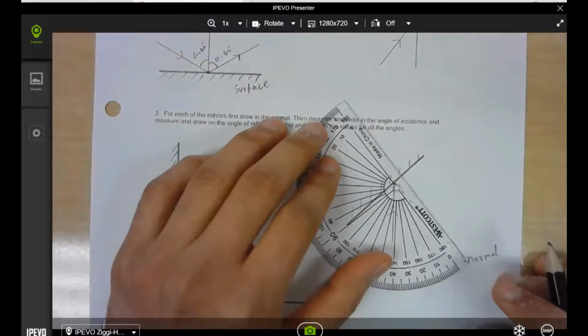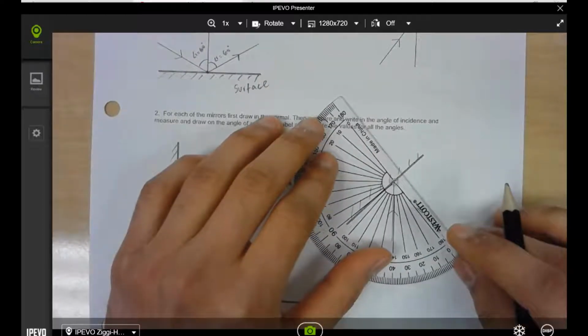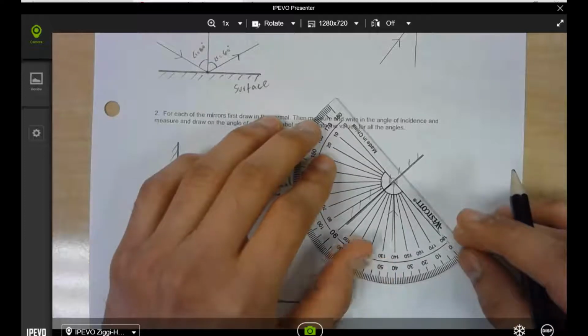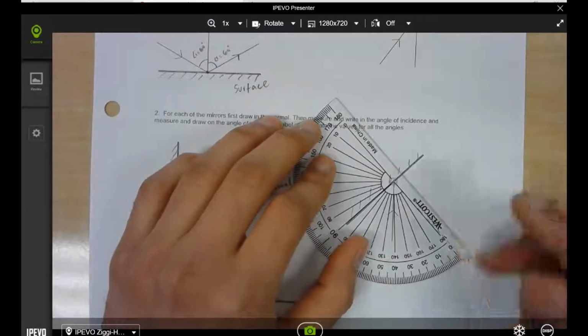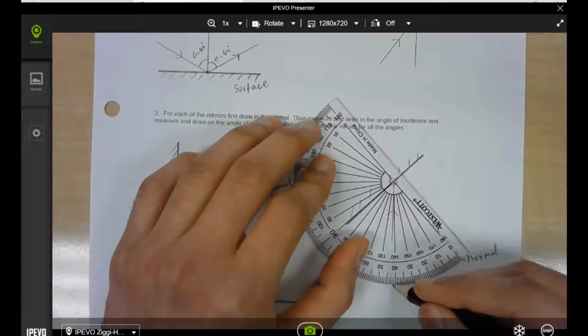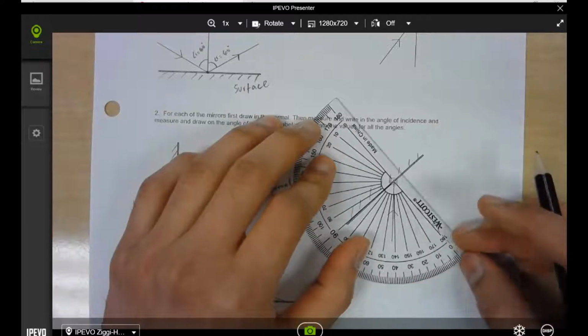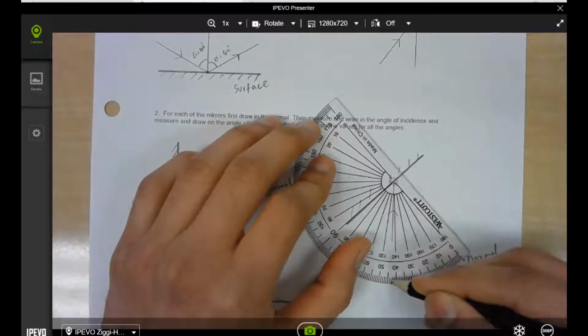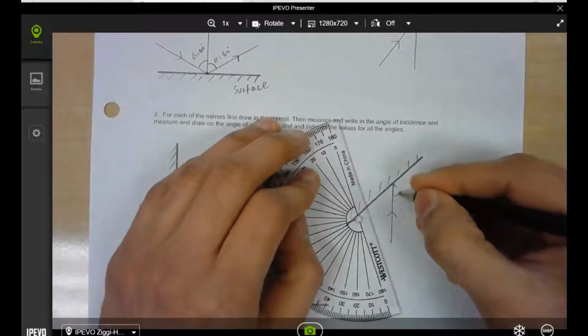And then again, measure your angle of incidence, which in this case looks to be somewhere around 42 degrees, maybe 41 degrees. This is 45, so I'd say about 43, more or less.